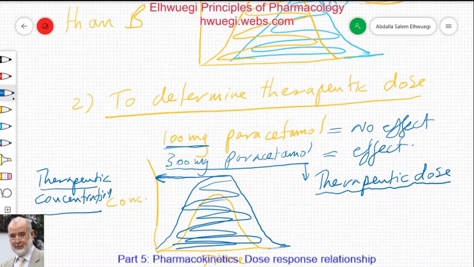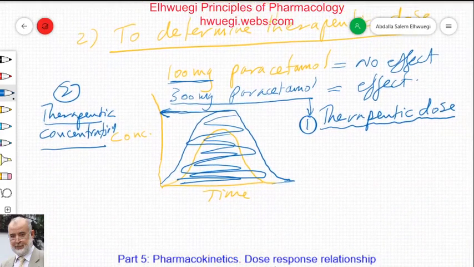Therefore, we have two new terms, therapeutic dose and therapeutic concentration. So what's the therapeutic dose? The therapeutic dose is the dose that can produce an action. Therapeutic concentration is the concentration that can achieve a pharmacological effect or an action. Okay?